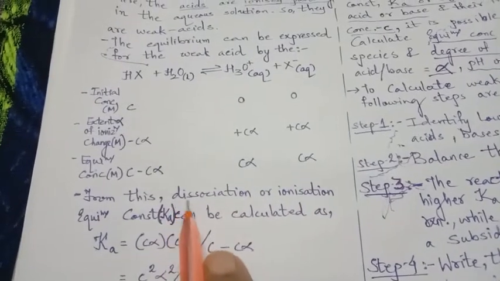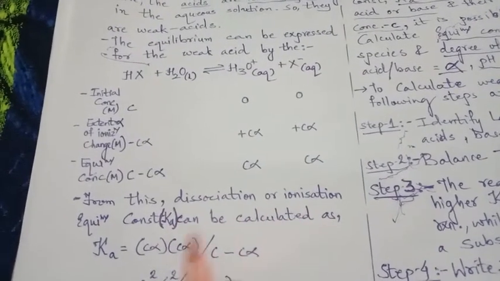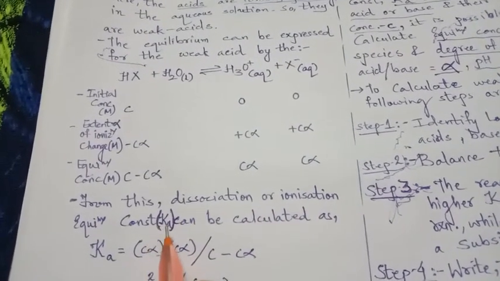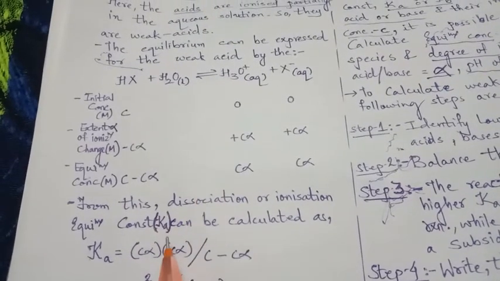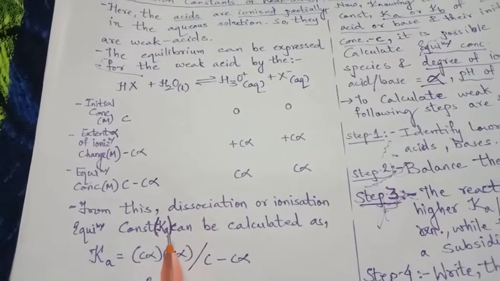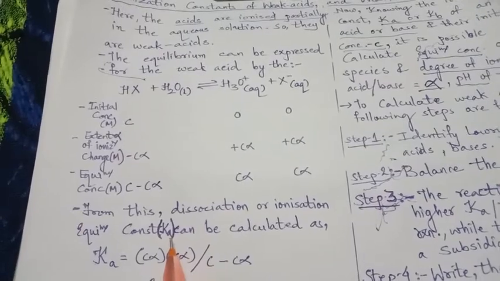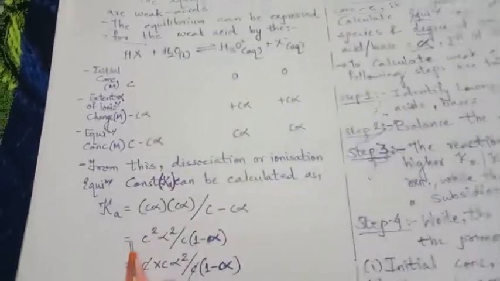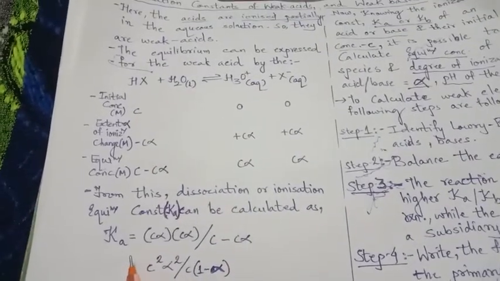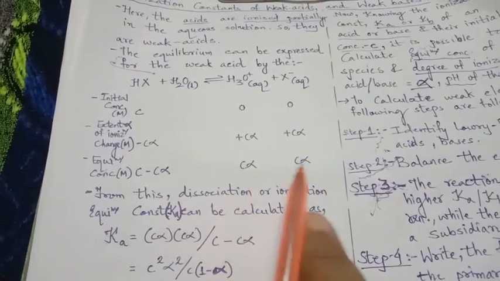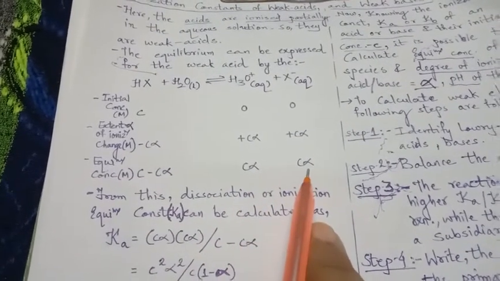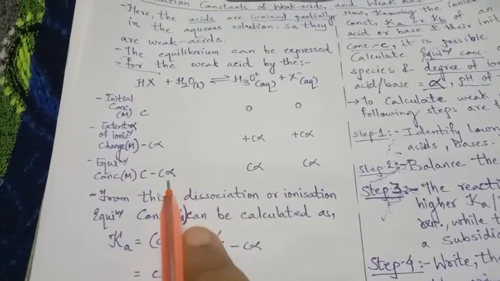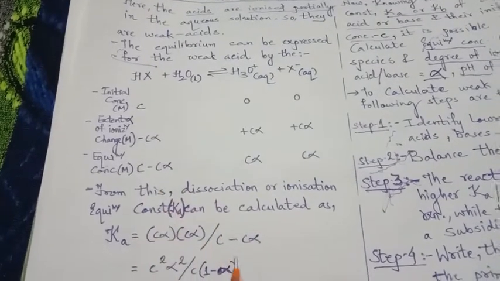From this, the dissociation or ionization equilibrium constant Ka, because it is for weak acid, can be calculated. Ka is equal to the product of the products, so C alpha into C alpha upon C minus C alpha.